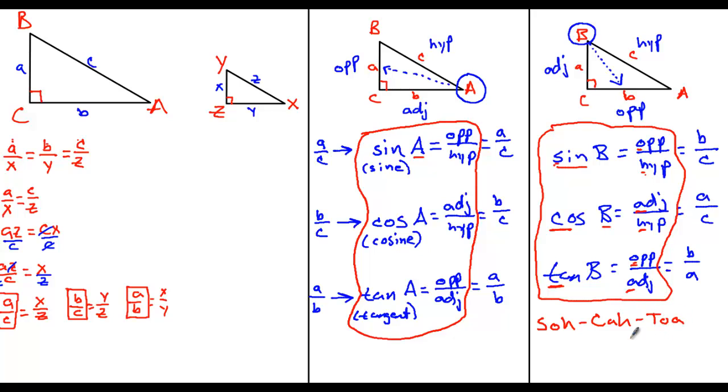And that seems like it spells some kind of maybe a Native American name, SOHCAHTOA, something like that. And if you memorize that and you write it down on your test or on your homework, it'll help you learn really quickly that sine is opposite over hypotenuse, cosine is adjacent over hypotenuse, and tangent is opposite over adjacent. And you don't need to write this bottom part. This is all you'll need to memorize.